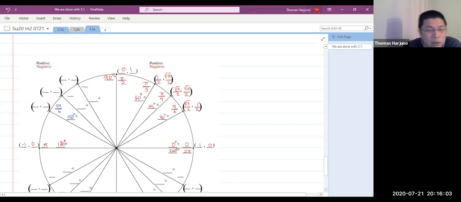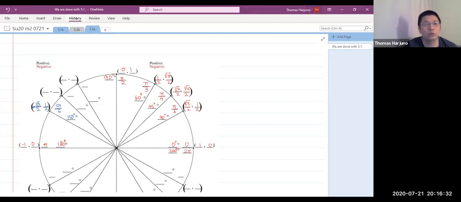Now, how about the coordinates? The coordinate will be the opposite of x, negative radical 3 over 2, comma, the same y, 1/2. See, the x is opposite, the y is the same.